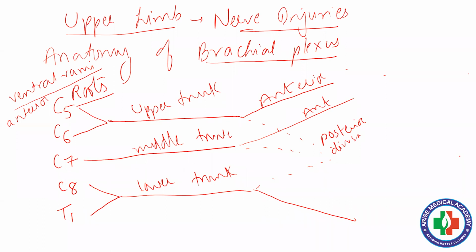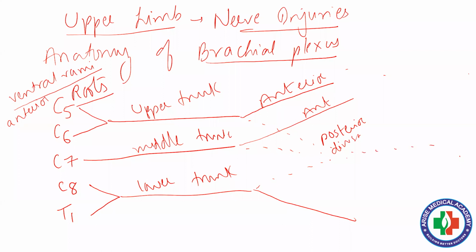A previous MCI question that was asked is the total number of divisions in brachial plexus. The answer was 6, 3 anterior, 3 posterior. But I don't expect such questions in future. Each trunk divides into an anterior and a posterior division.